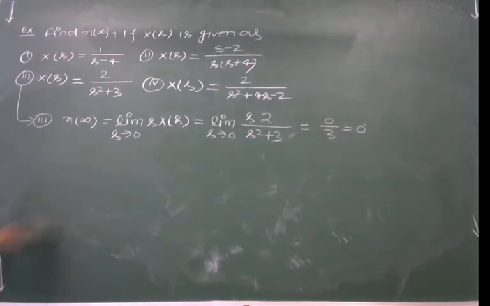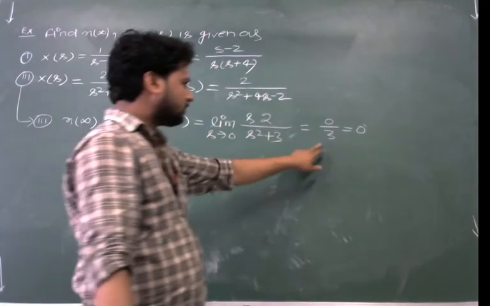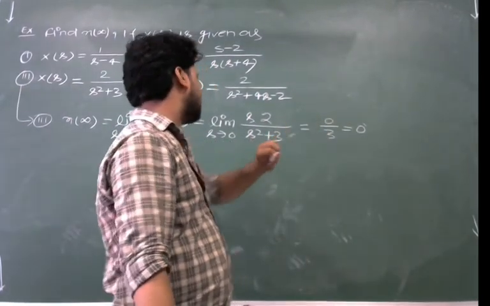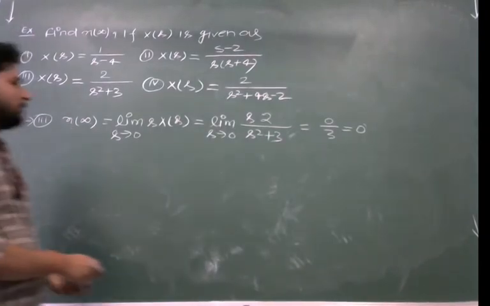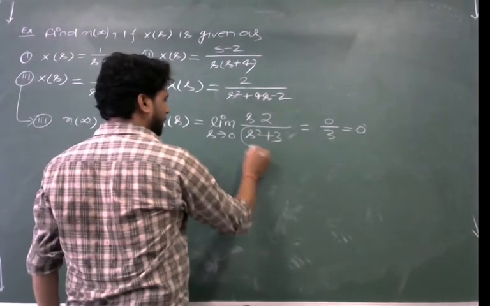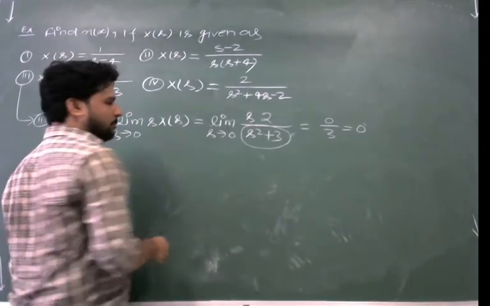But here, given that the final value of this x of t will be equal to 0, we have to consider the position of the poles also.